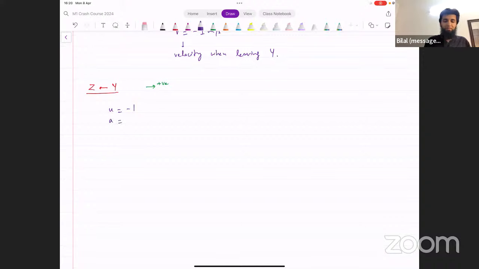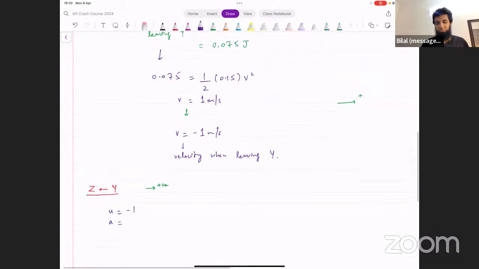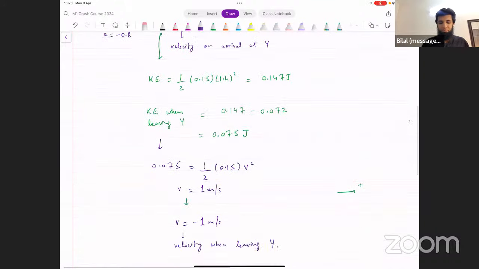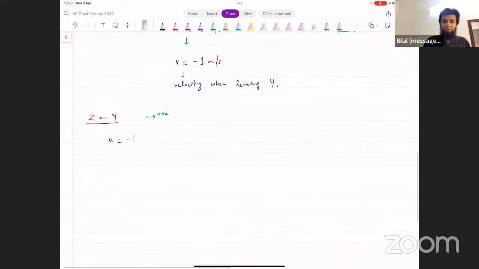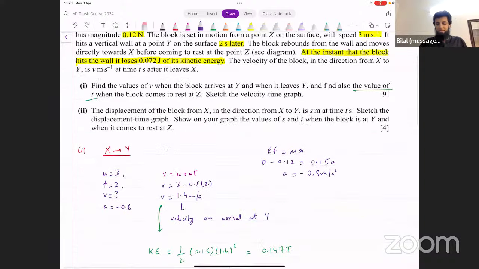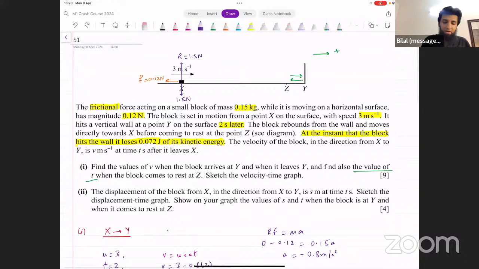What about acceleration? What should be the value of acceleration? In fact, let me just write down the final velocity here as well. The final velocity is going to be 0 because at z it comes to rest, right? So these are two things that are easy to figure out. So I'm going to write them first.